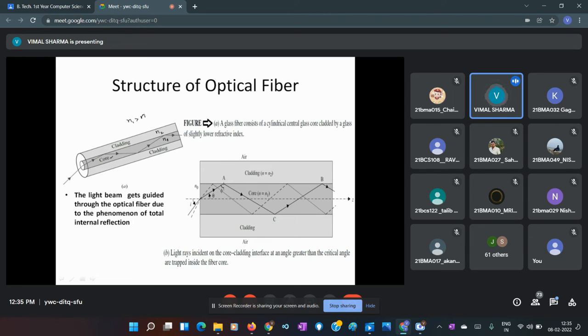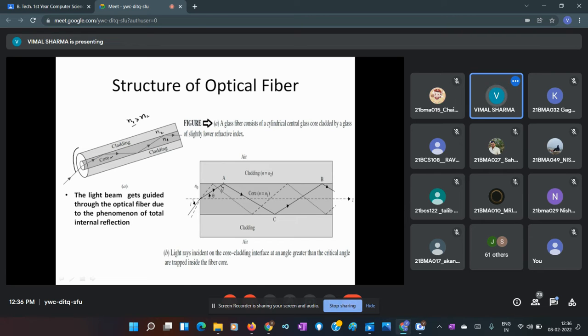So the core is the innermost part of the optical fiber, having more refractive index than the outer part. Okay, this is the structure. There is more structure around it too.